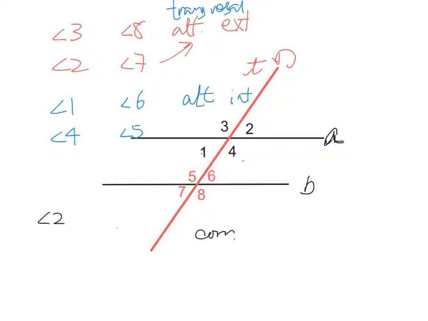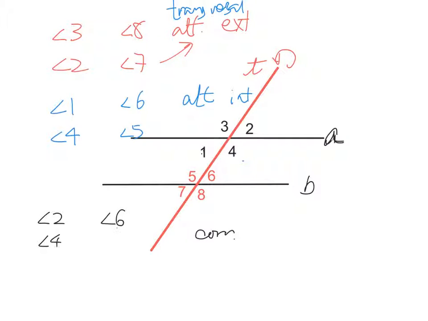Angle 2 and angle 6 are not alternating. They're on the same side of the transversal, so that excludes alternate interior and alternate exterior angles. They also are both above their respective lines. 2 is above A, 6 is above B. So in this case, we call them corresponding.